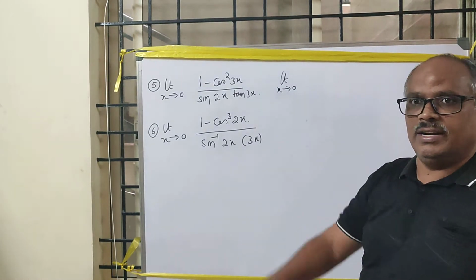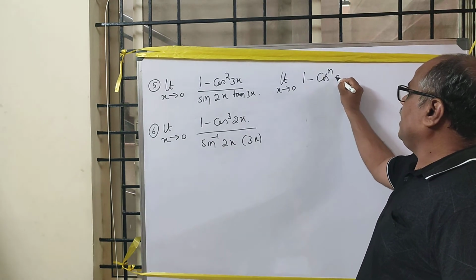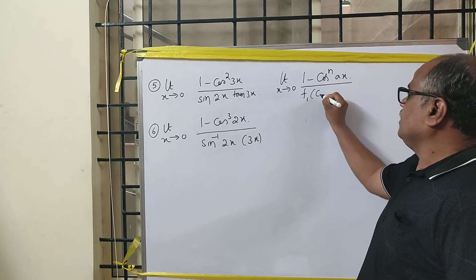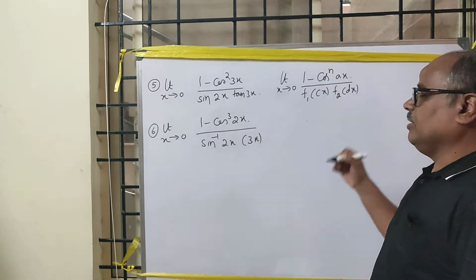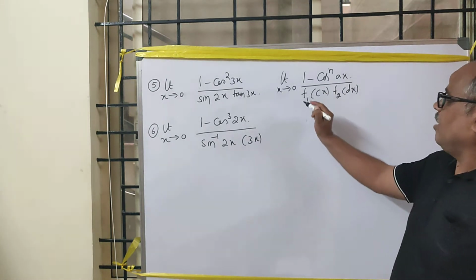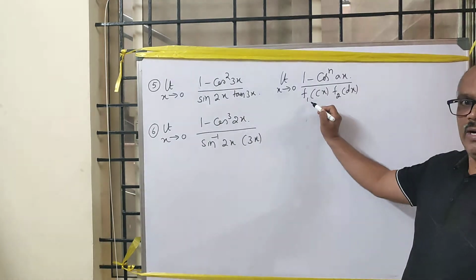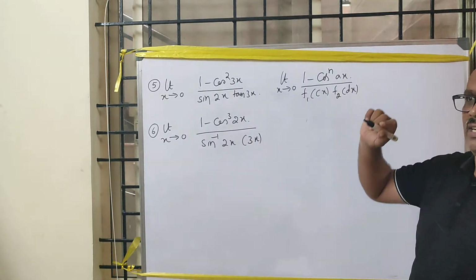This is the shortcut: 1 minus cos to the power of n ax divided by f1 cx into f2 dx. The given problems are in this form.